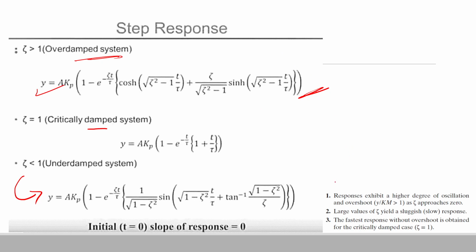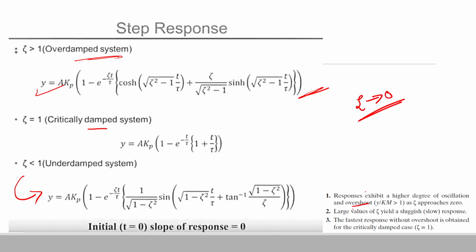Now, a few of the characteristics I have mentioned here: responses exhibit a higher degree of oscillation and overshoot as zeta approaches 0. That is, if zeta is very close to 0, then the oscillations will be higher and also the overshoot will be higher. We will study what overshoot is.